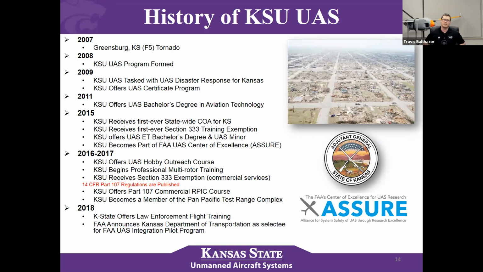At that point, the state of Kansas realized that we needed to look at alternative ways of responding to major natural disaster events across the state. And so our program was founded shortly after that to have, as a beginning, a natural disaster response unit, and we still hold that today. We're on call for any disaster, whether it's local here in Kansas or across the United States.